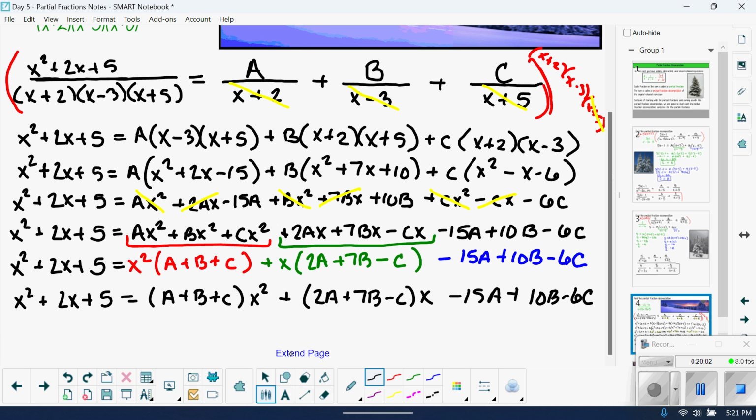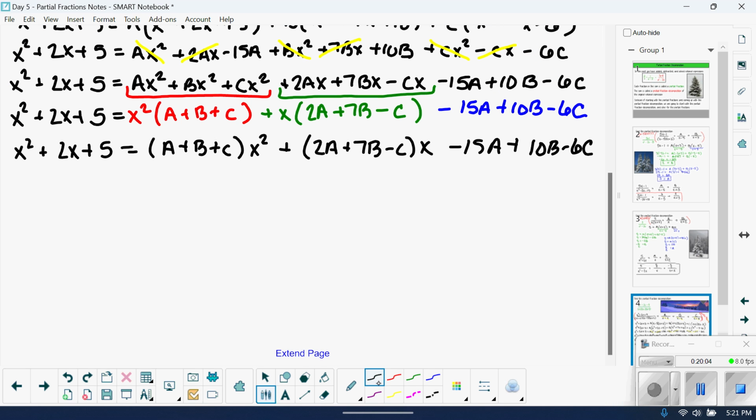Now, why did I bother doing that? Well, if you look, you'll notice that the leading coefficient for the x squared over here is a 1, which means the leading coefficient of the x squared here has to be a 1. So I know that a plus b plus c has to equal 1. The coefficient in front of my linear term is a 2, so I know that the coefficient in front of the x there also has to be a 2.